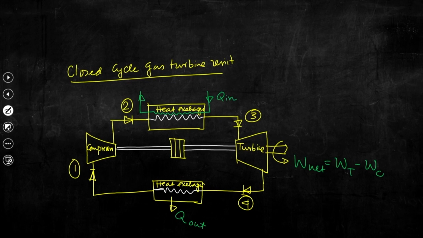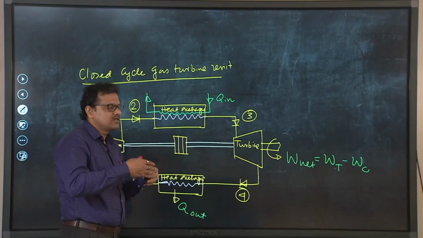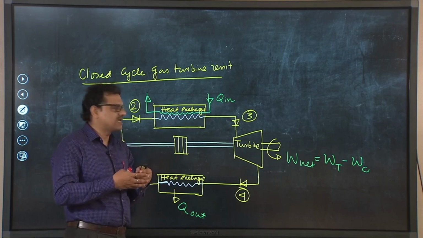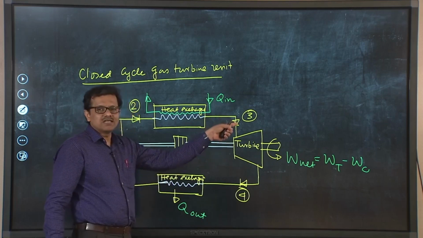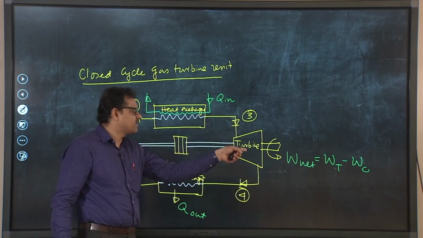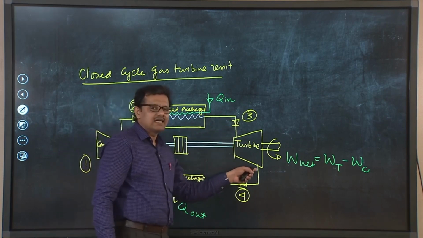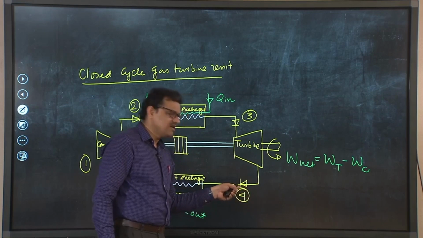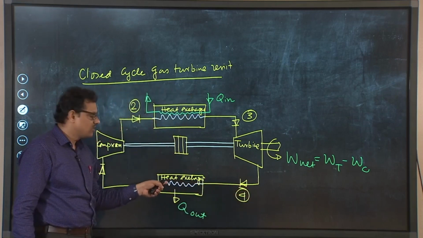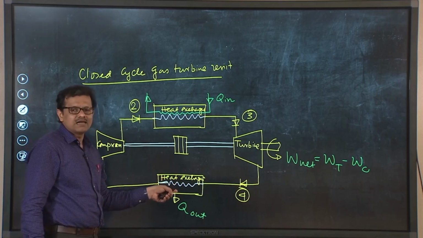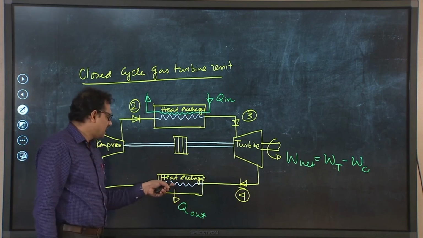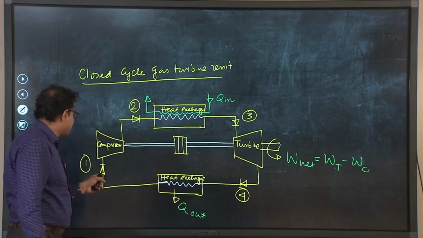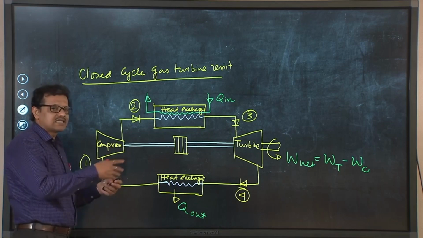So, upon receiving this amount of energy in the form of heat, the thermodynamic state of the working fluid in the primary circuit will change, and then at state point 3 the working fluid will be at high pressure and temperature, it will expand in the turbine, and instead of directly discharging the working fluid into the ambience, it is again taken through another heat exchanger, wherein that working fluid releases a certain amount of energy to another stream, and then it is taken to the compressor and the cycle is completed.